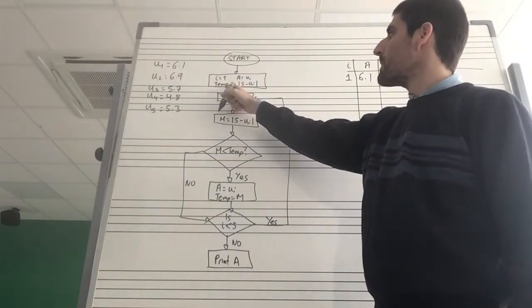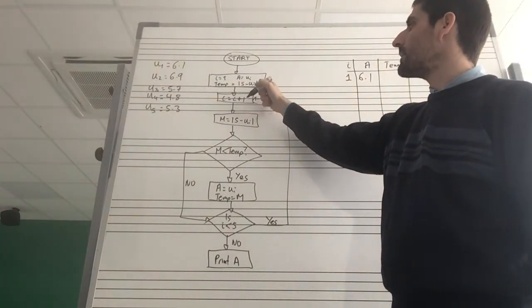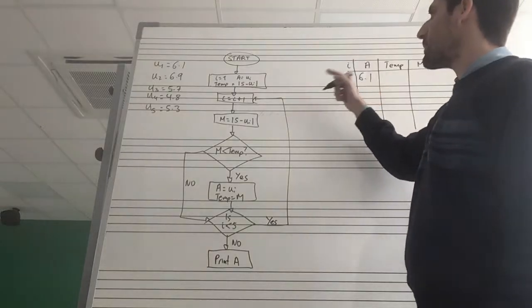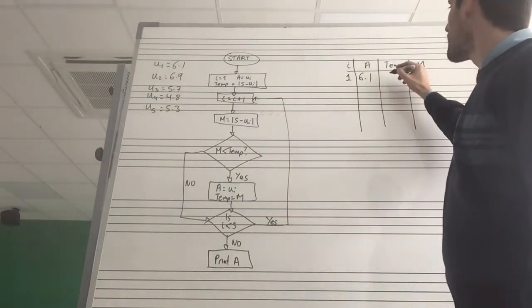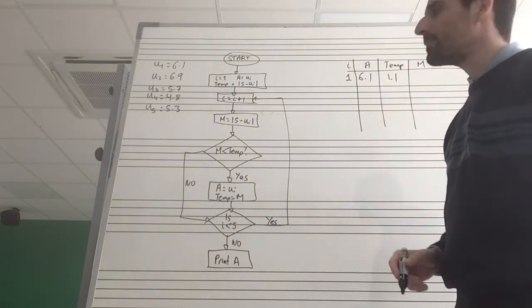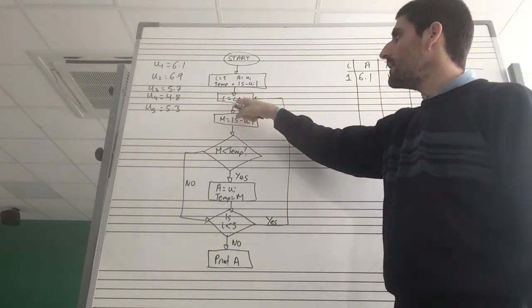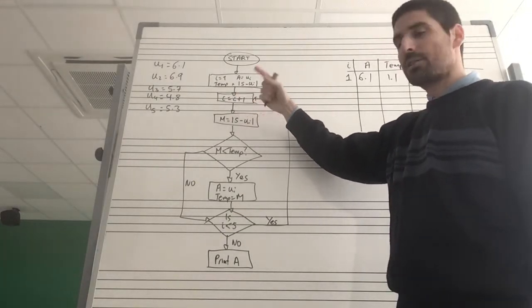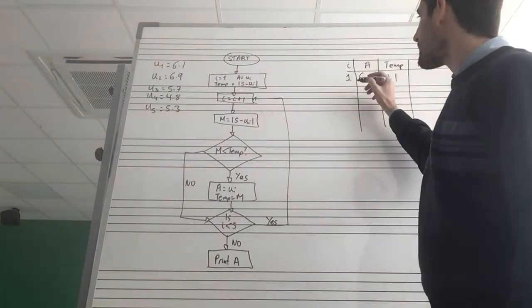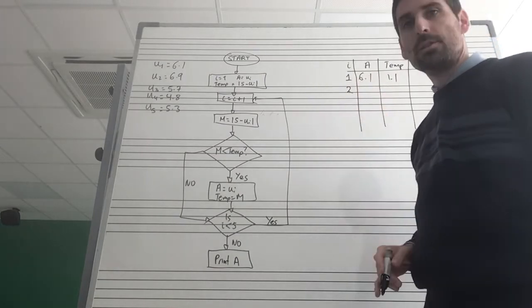So temp is the absolute value of 5 minus ui, which is u1, which is 6.1. So the absolute value of 5 minus 6.1 is 1.1. Next step, I equals I plus 1. Well, I was 1, so plus 1, that's 2. So now I is 2.